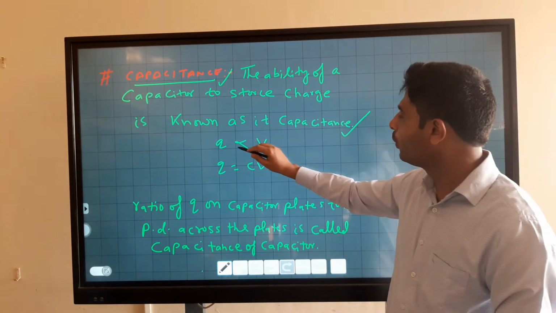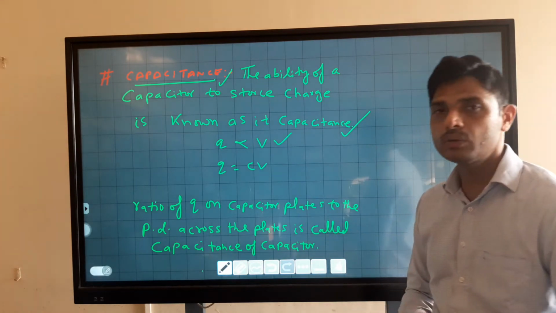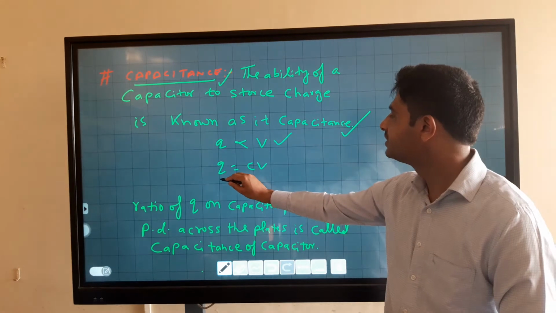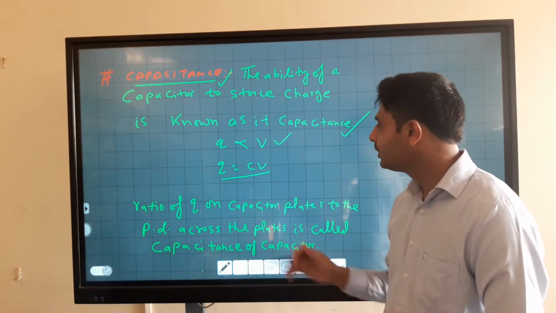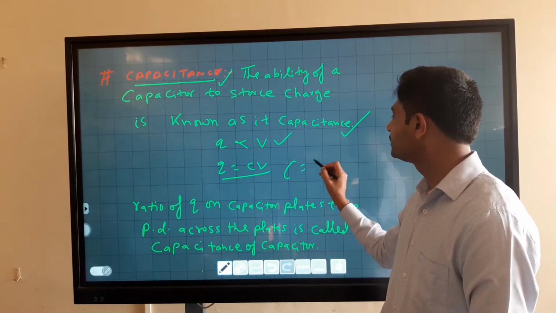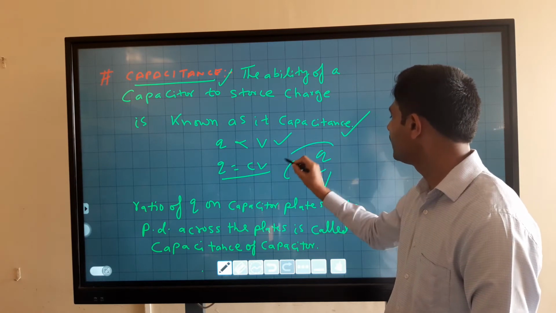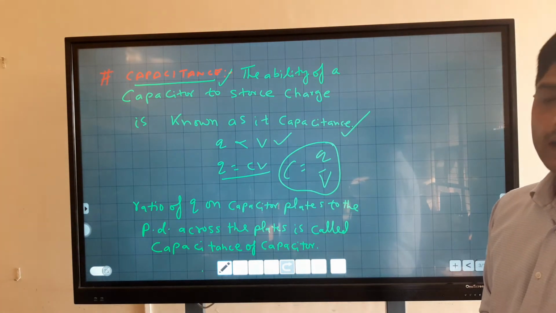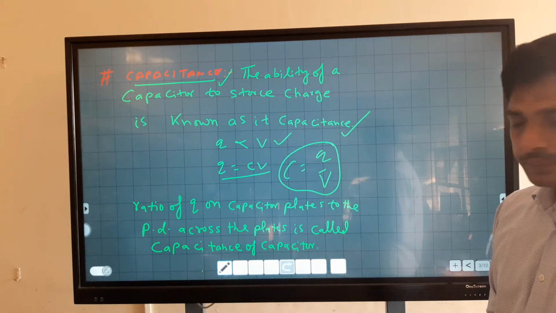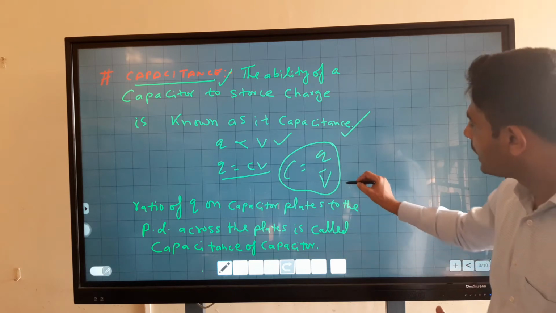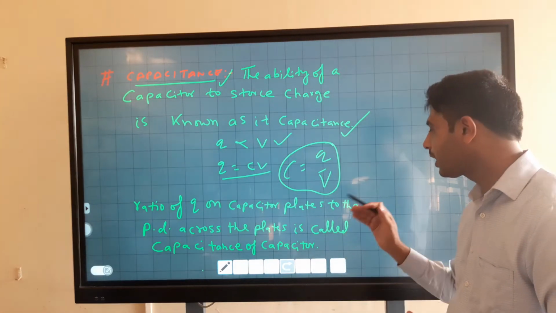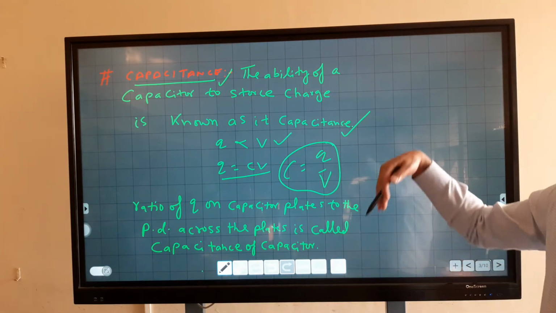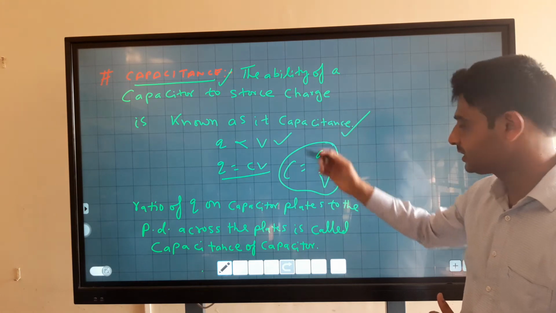So the charge is directly proportional to the voltage: Q = CV, where C is a constant, C = Q/V. This means the ratio of electric charge on a capacitor plate to the potential difference across the plate is known as capacitance, electric capacitance.